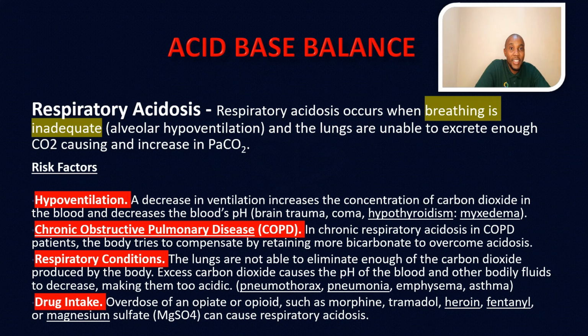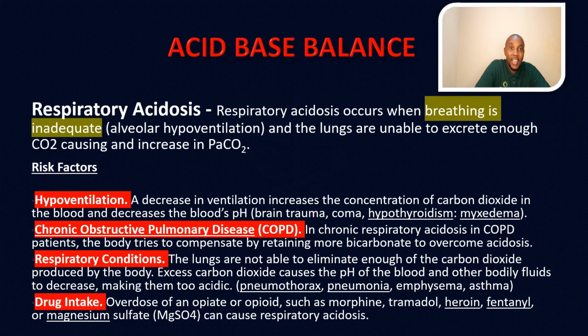Respiratory conditions such as emphysema, asthma, pneumonia, and pneumothorax can also contribute to respiratory acidosis. Basically, what is happening in these respiratory conditions is that the lungs are not able to eliminate enough of the CO2 being produced by the body, so we will have excess carbon dioxide accumulating.